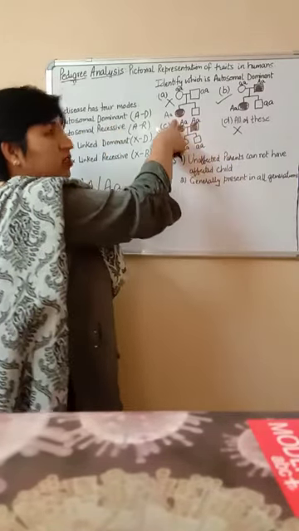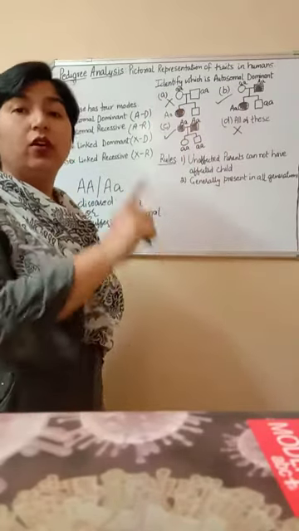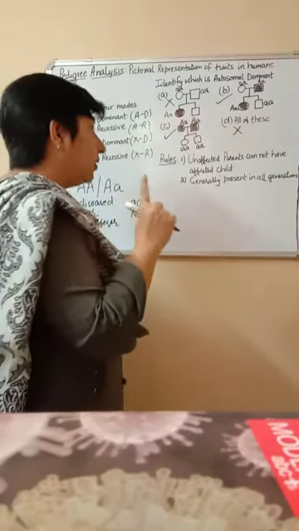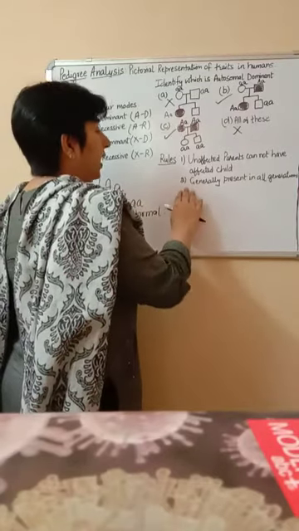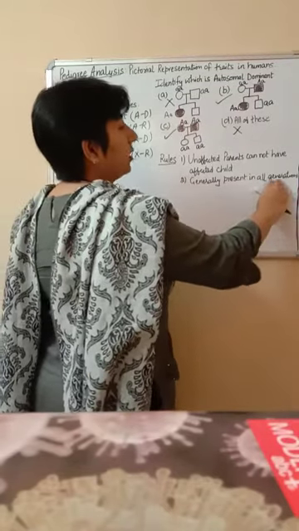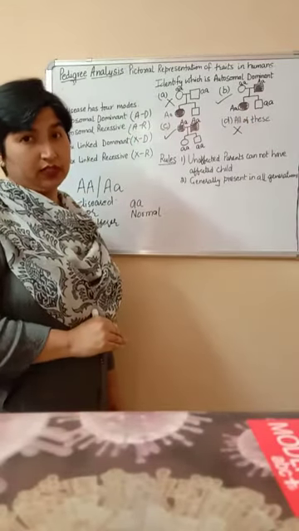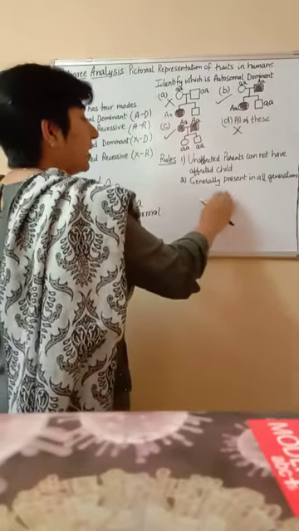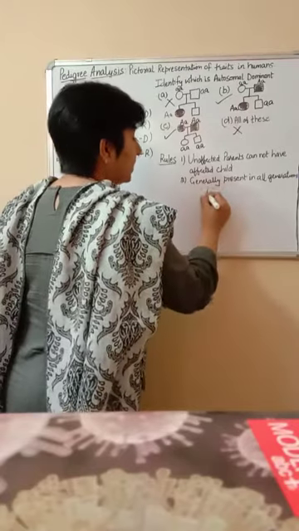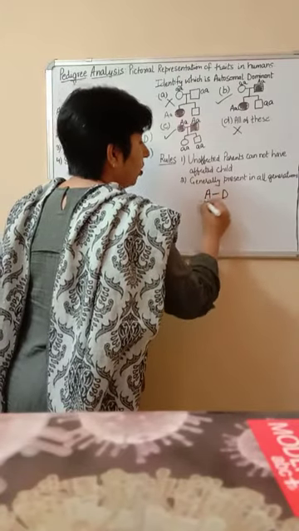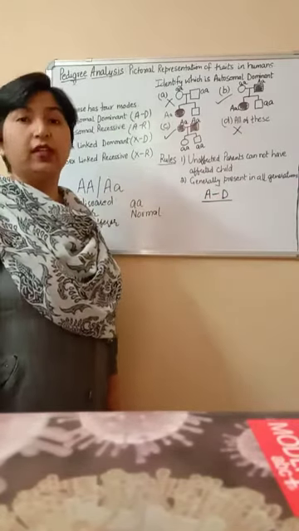Where this child is shown affected, that means this is incorrect in terms of an autosomal dominating problem. Now, it is generally present in all the generations. Generally it is present in all the generations. And under such circumstances, the disease, or the tree, is called an autosomal dominating disease.